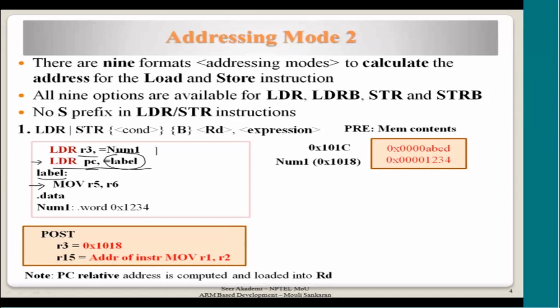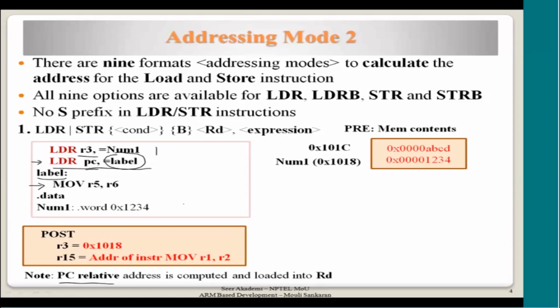Now these are the things which get modified. R3 is modified here, and R15 is modified with the address of the instruction where the move is located. I hope this is clear to you. This is PC relative. It is done using the current PC value and then adding an offset to that.